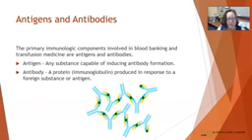Let's talk about the concepts of antigens and antibodies. So the primary immunologic components that are involved in blood banking and transfusion medicine are antigens and antibodies. So an antigen is any substance that's capable of inducing antibody formation. And those antigens can be things like viruses and bacteria, which is kind of more representative of the little green dots here in this picture, whereas the blue Y's are the antibodies, so little free-floating viruses and bacteria.